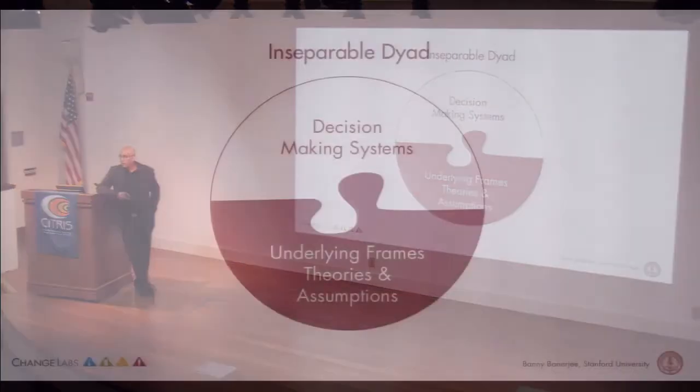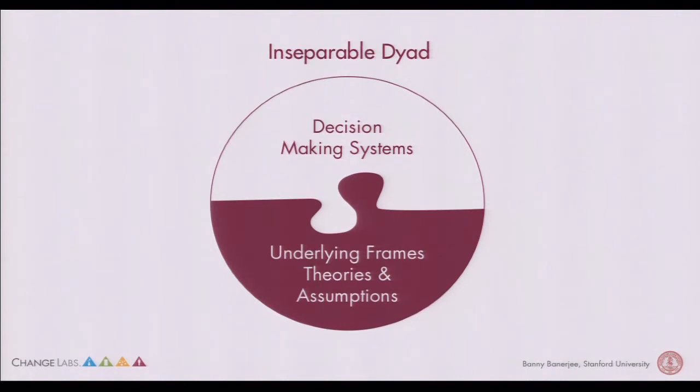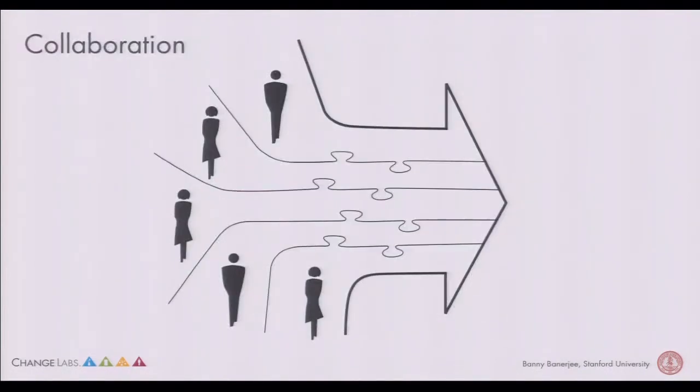But I think what we are looking at is that our decision-making systems are intricately tied to and informed by our underlying frames and theories and assumptions. And each of our fields has an ontological and an epistemological system that tends to get extremely crystallized and sometimes ossified and calcified, and it's very hard to poke into that because we create religions around our own disciplinary systems.